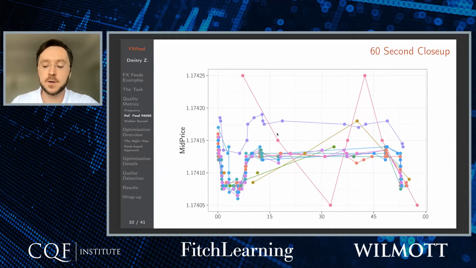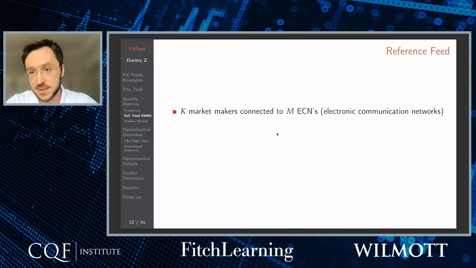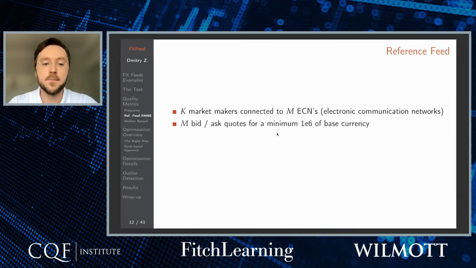So ideally, we'd like to have some sort of a reference feed to compare against. And here's a twist. Actually, there is such a reference feed. The company behind it has the following setup. They have K market makers connected to electronic communication networks.